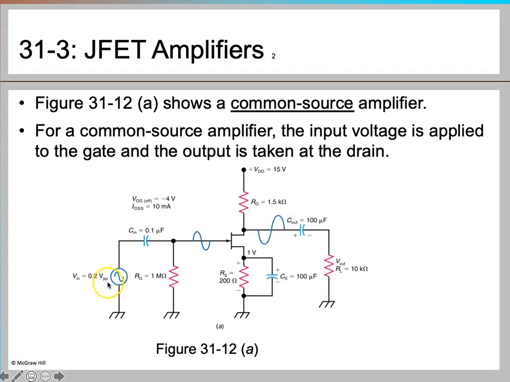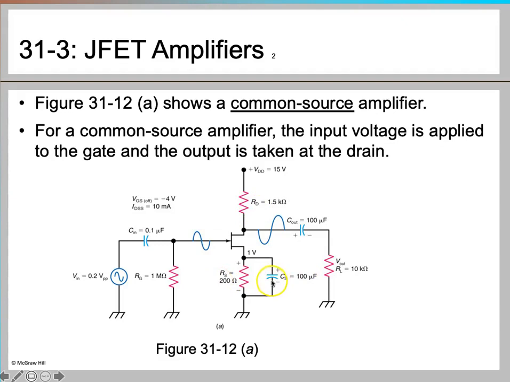This is the initial circuit where you see the AC signal going in, and then you have these three resistances. RG is the gate resistance, and this gate resistance is very high. Then you have RD, which is the drain resistance, and RS, the source resistance.